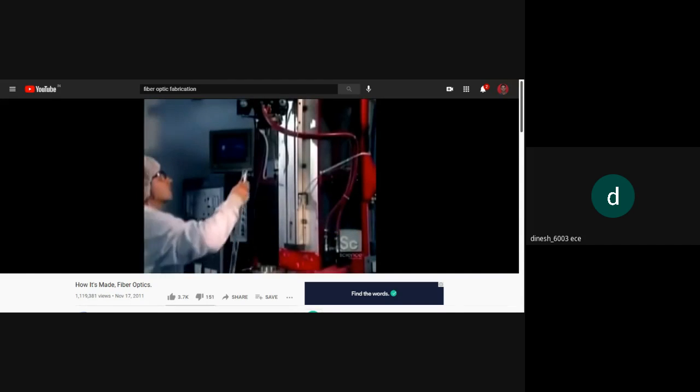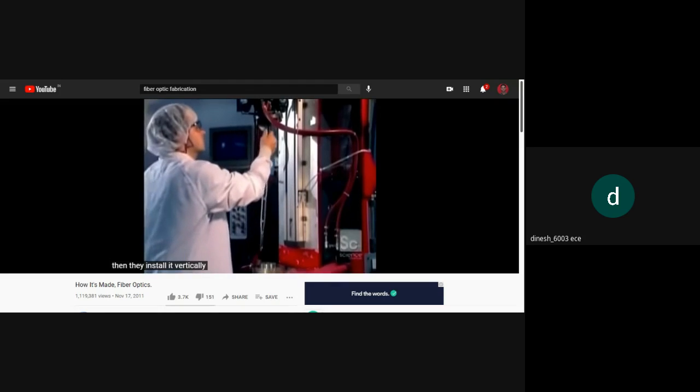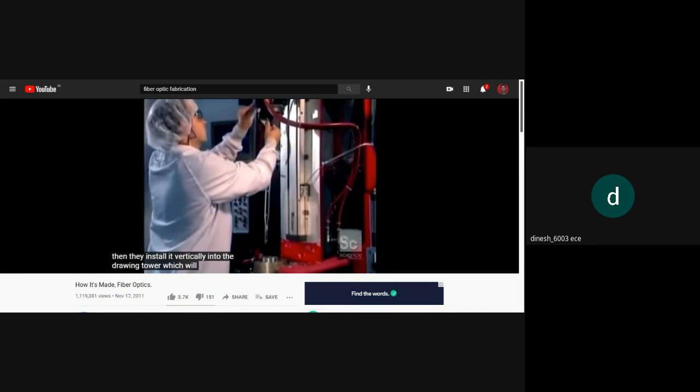First, they excise the preform from the uncollapsed section of the glass tube. Then they install it vertically into the drawing tower, which will draw out the final shape.